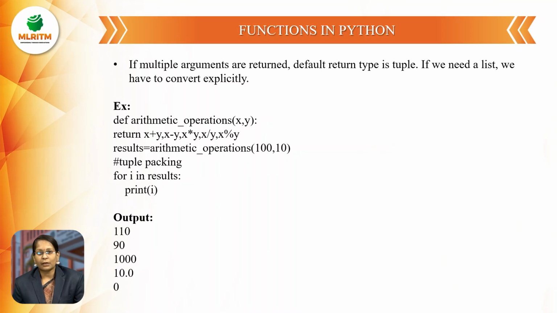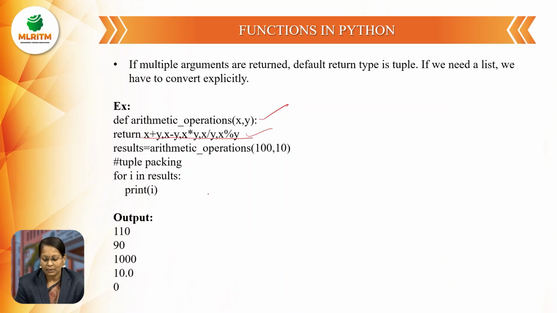If multiple values are returned, the default return type is tuple. If we need a list, we have to convert that tuple explicitly to a list. So def arithmetic operations with x comma y, return. Again we are returning 5 values. To store these 5 values, here we are not using the respective variable names.